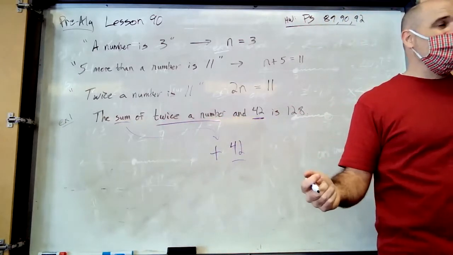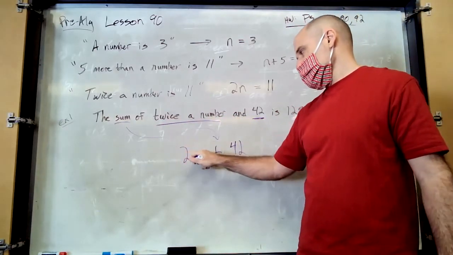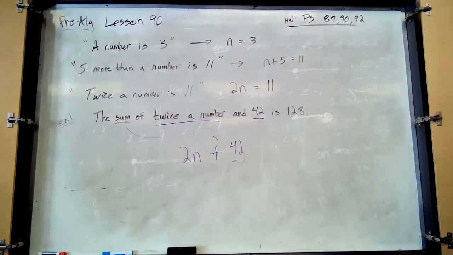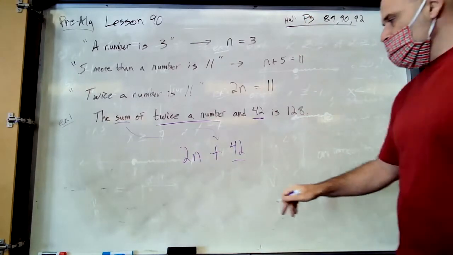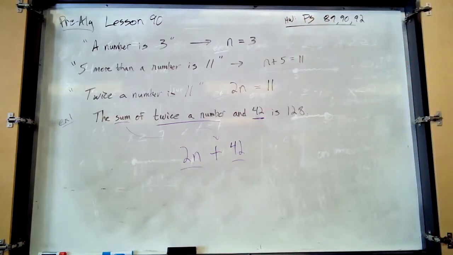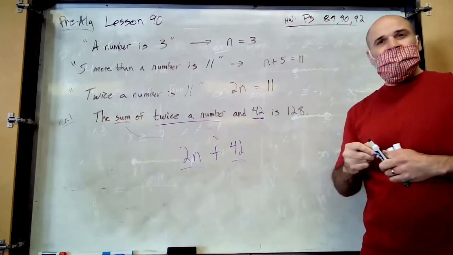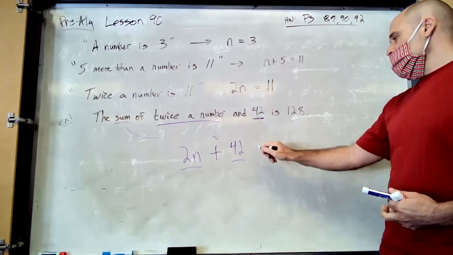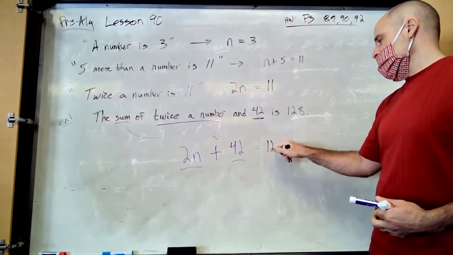How do you say twice a number? Remember, twice does not mean squared. It means 2 times n. If you square 3, it's 9. If you twice 3, it's 6. And then, of course, that equals 128, right?